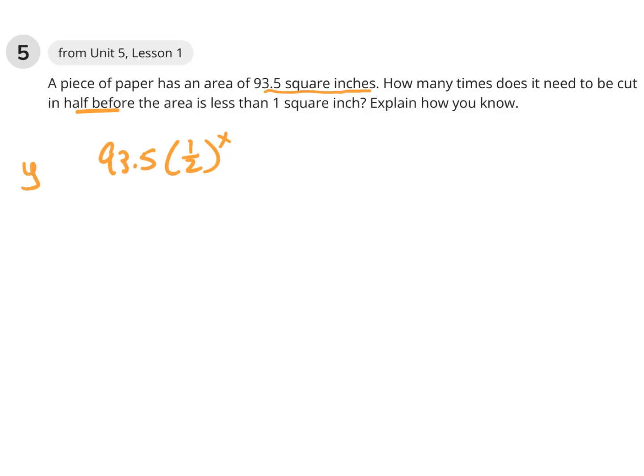Put this in the y equals into the calculator, then hit second graph, and run down your table of values. So when x equals 7, y is 0.7305. So that's less than an inch. At 6 is bigger than an inch. At 7 is less. So that's the number we go with.